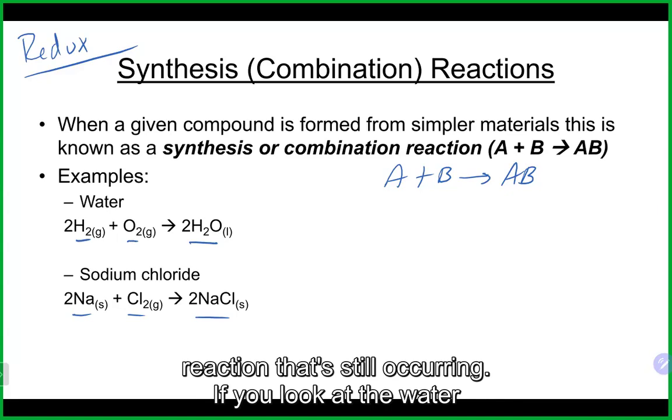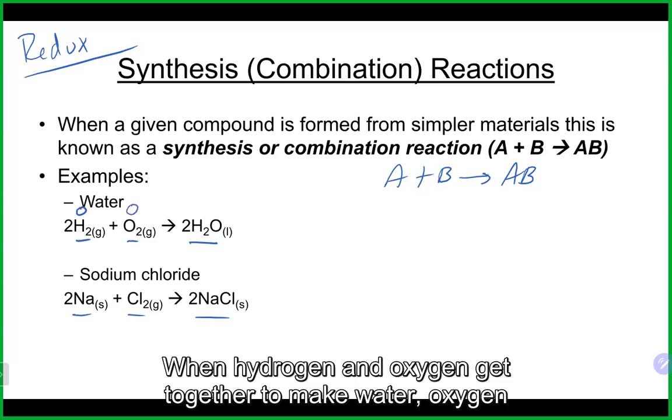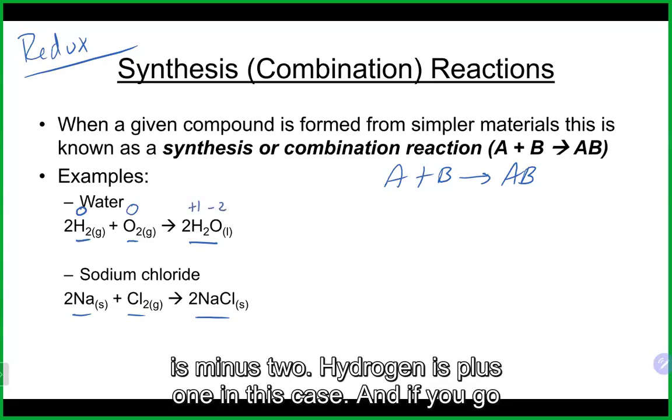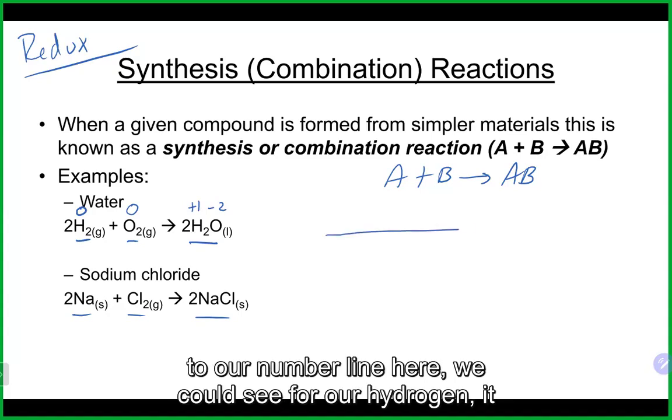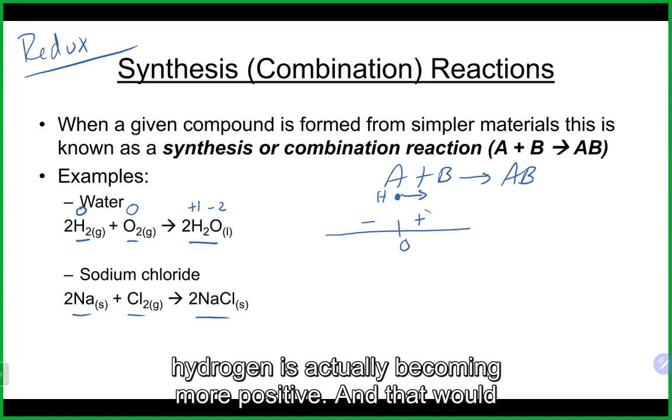If you look at the water formation, hydrogen by itself is 0. Oxygen by itself is 0. When hydrogen and oxygen get together to make water, oxygen is -2. Hydrogen is +1 in this case. On our number line, hydrogen starts at 0 and ends at +1, which means it is becoming more positive.